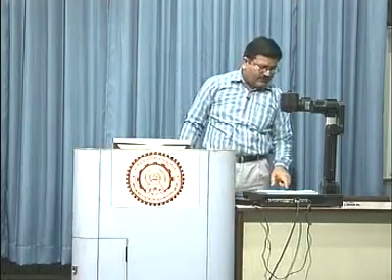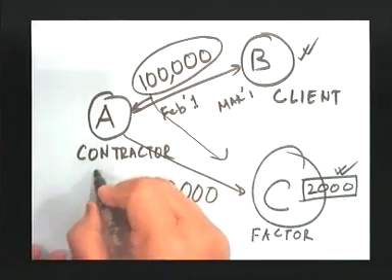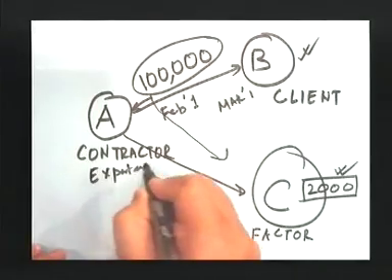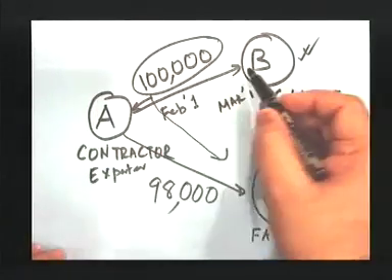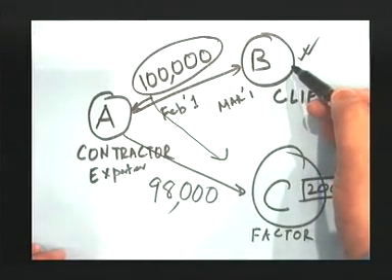So, whatever concept we discussed in the context of factoring, similarly you extend it to the international trade situation. Right, now let us say here A is the exporter. He is sending some materials to a company B, right.